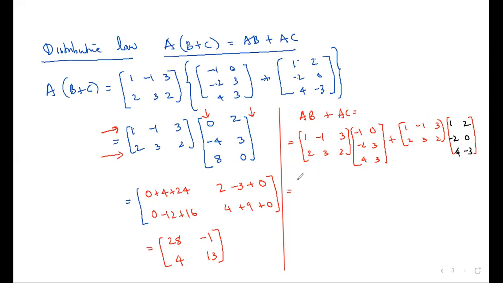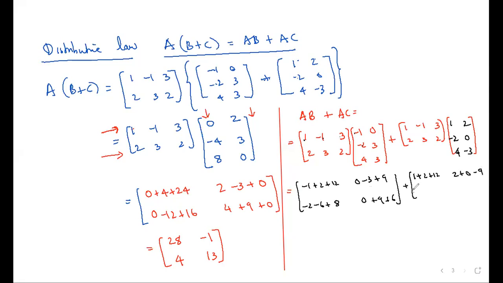Okay. Then you multiply this, what do you get? Minus 1 plus 2 plus 12, and 0 minus 3 plus 9. It became minus 2 minus 6 plus 8. It became 0 plus 9 plus 6. 1 plus 2 plus 12. 2, 0 minus 9.